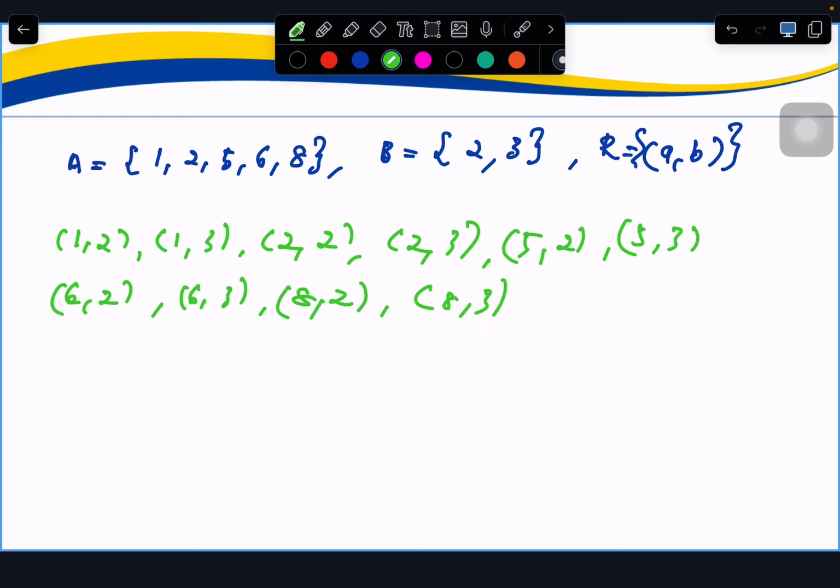Agree? These are the possible pairs, because we have a and b there. Now that you have listed all the possible pairs, how many do we have? 1, 2, 3, 4, 5, 6, up to 10. Right? So now you go back to R. What is the condition for a?